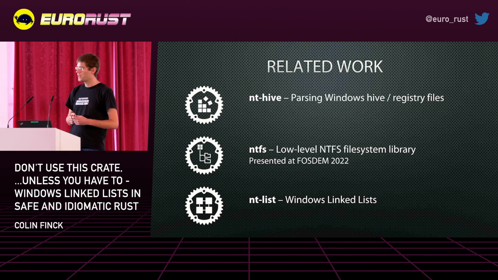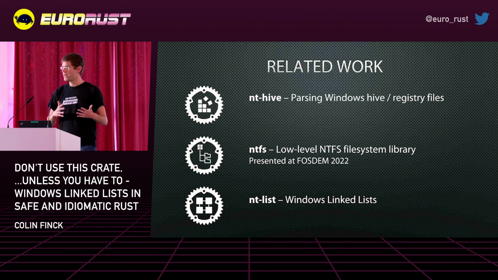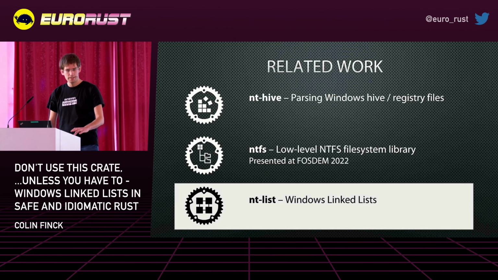I've released a low-level NTFS library this year, and I had a 1-hour-long talk about it at FOSDEM. So if you're interested in that, check it out. It reveals quite a bit of NTFS file system internals and how to implement them in safe Rust. And well, today we are here. I'm presenting NT-List, which is also a no_std library, and this time for Windows linked lists.